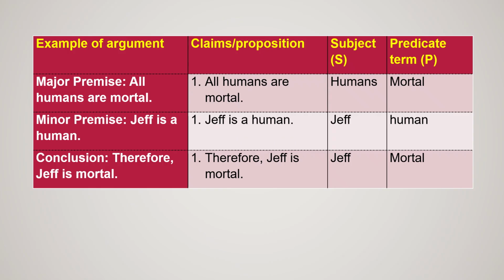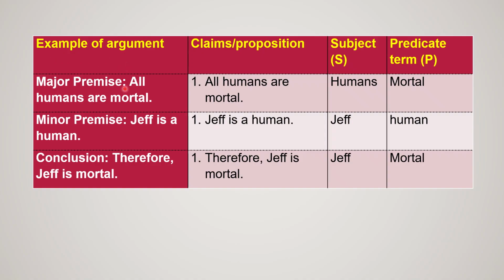Now let us look at some of the arguments and the parts that make up an argument, including the premises, the claims that we are going to be making, and the conclusions that we are going to be deriving from our propositions. In an argument like the example that we have here, all humans are mortal, Jeff is a human, conclusion: Jeff is mortal, we have a term here called a major premise.